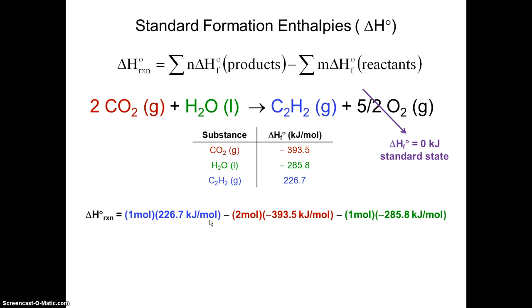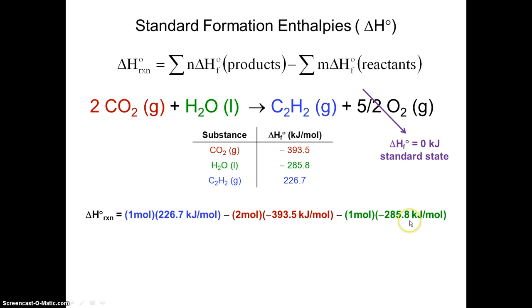How much energy do I get from the reactants? How much is available in them as potential? Well, there are 2 moles of CO2, so I'm going to subtract negative 2 moles times the delta H of CO2. There's 1 mole of water, so negative 1 mole times the delta H of formation of liquid water.